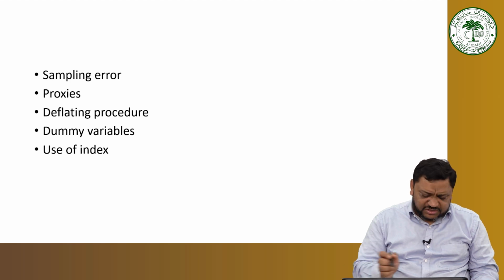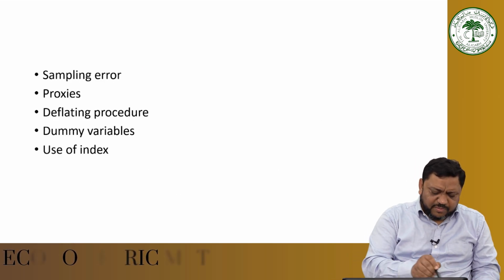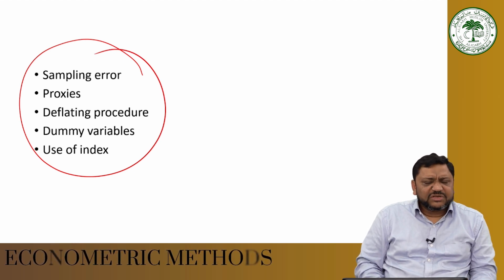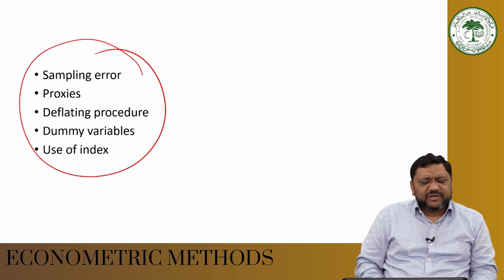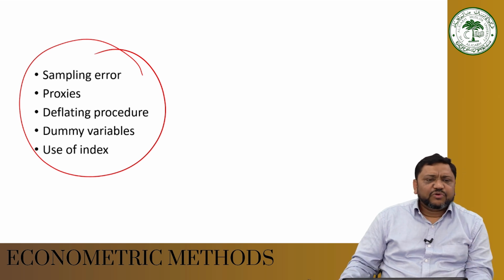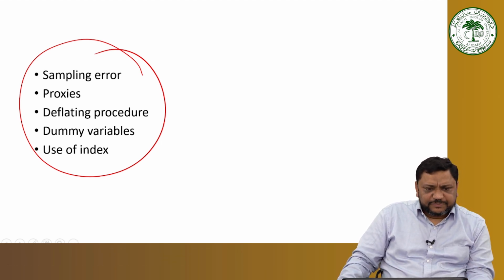So, because of all these factors, that is, the sampling error, the use of proxies, the deflating procedure, the dummy variables, and the use of indexes, you can come up with measurement error of the variables.